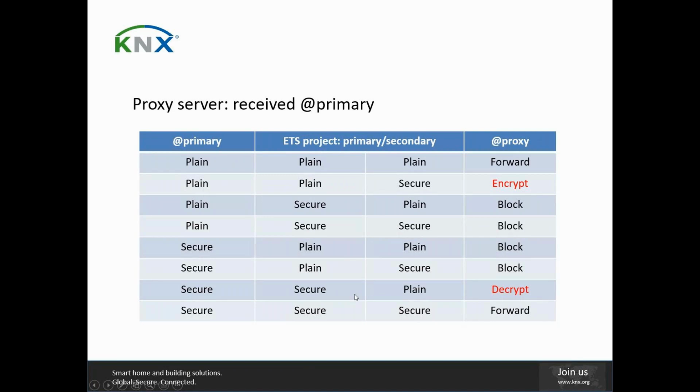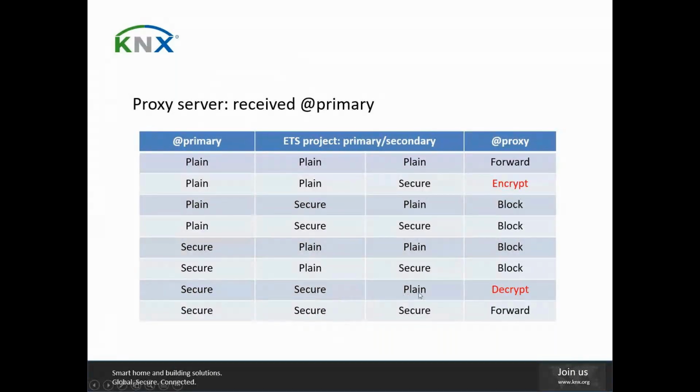And actually, for the secure telegrams, it's a similar story. So indeed, if the telegram that is received for that group address at the primary site is a secure one, and this is according to the expectations, then everything is fine.